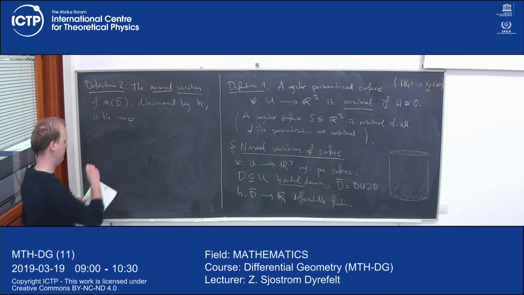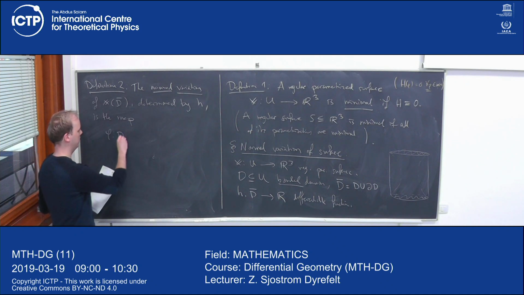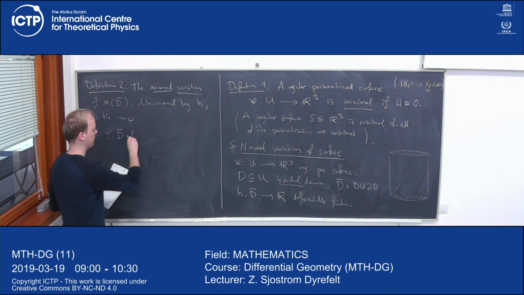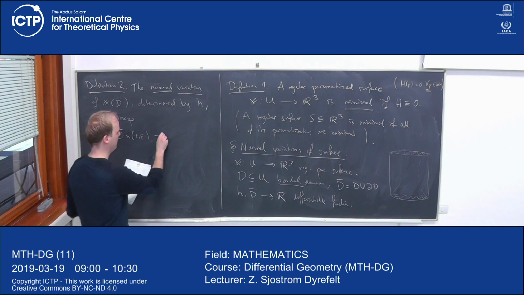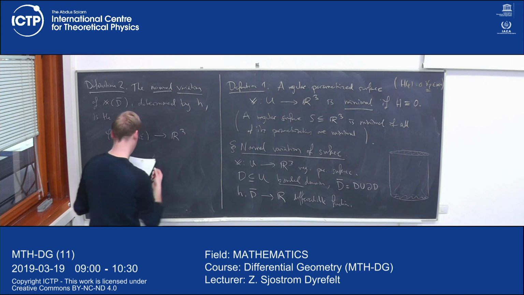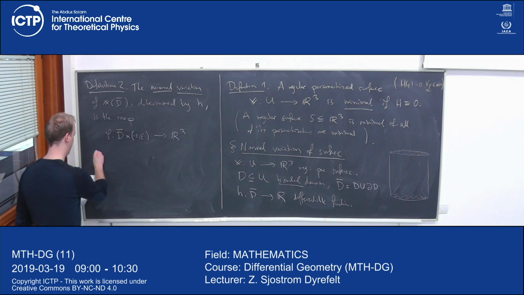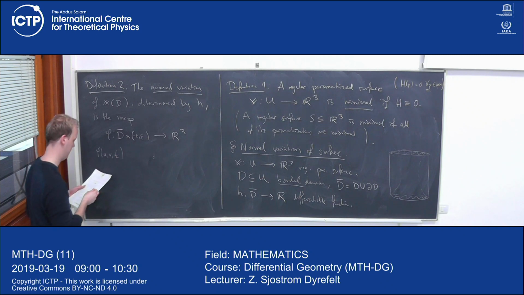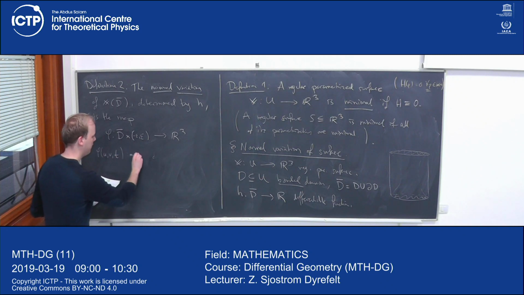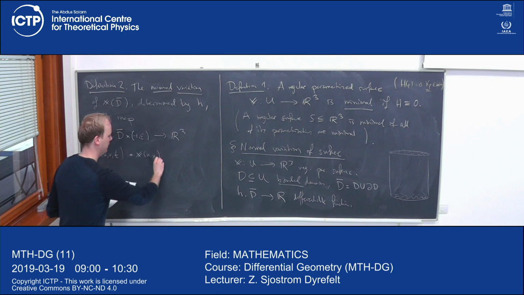So it's the map phi from D bar cross (minus epsilon, epsilon) into R3 given by phi of (u,v,t), where (u,v) lives in D bar and t lives in the interval (minus epsilon, epsilon). So this is given by x of (u,v).